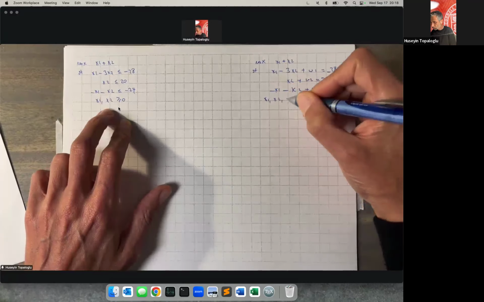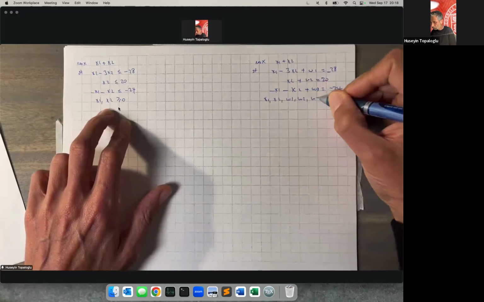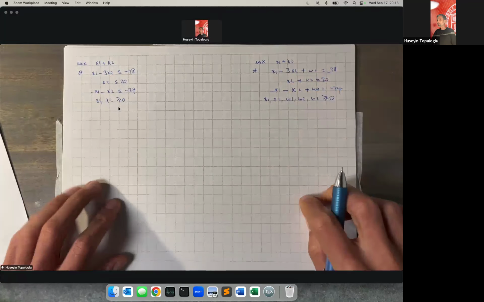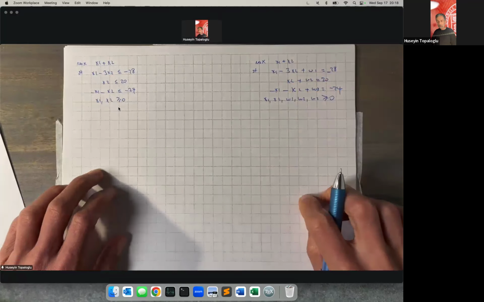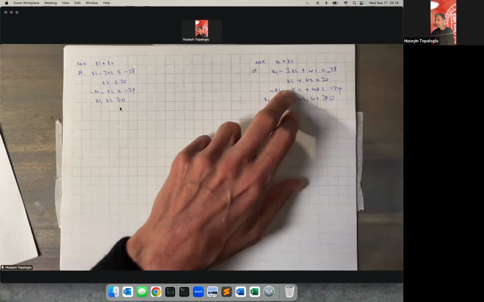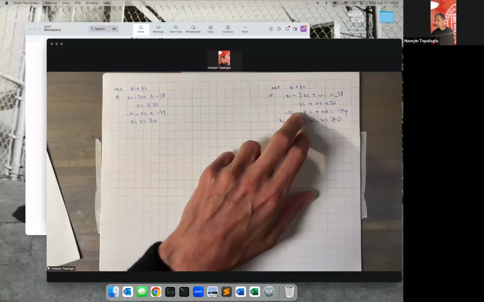All of my decision variables, including the slack variables, are non-negative. So this is how we get started if I'm going to solve this linear program. We express all of the constraints in my linear program as equality constraints.